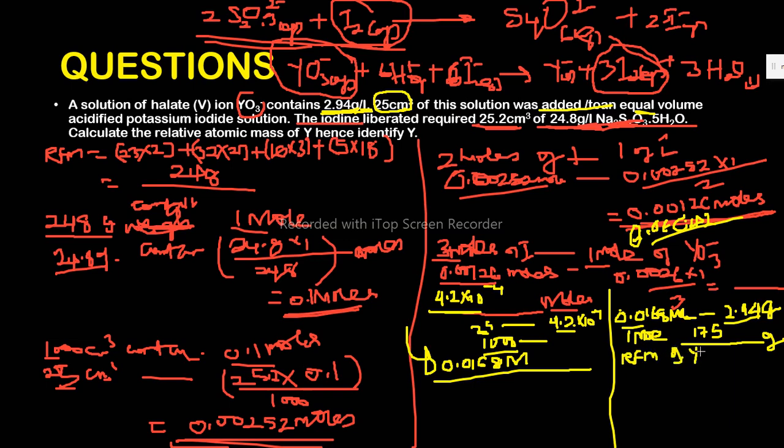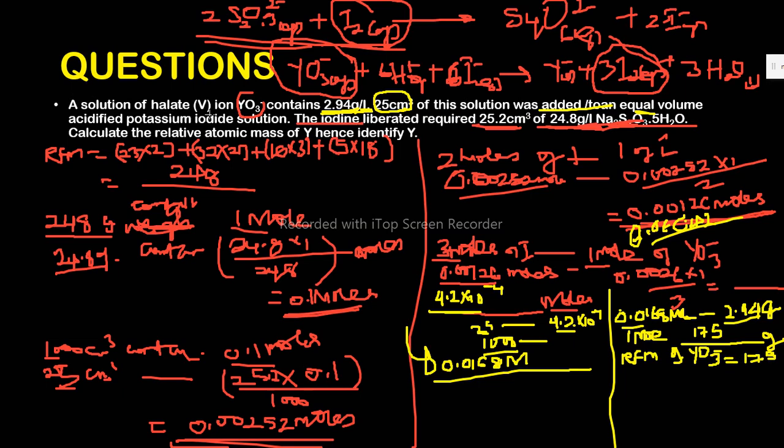Why am I saying iodate? Our halide, okay, is it sodium halide? They have not told us which halide, so we are going to suffer. Our halide is going to be 175.